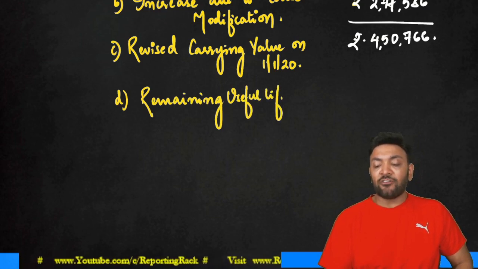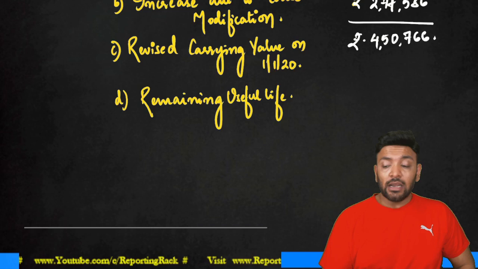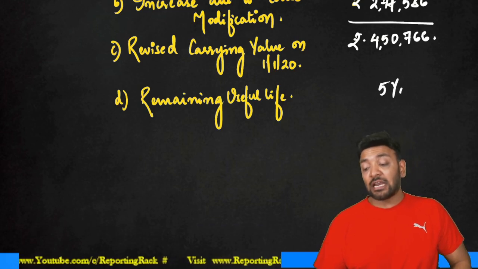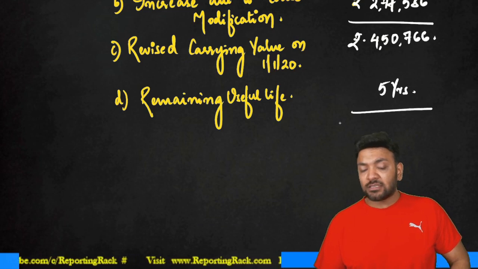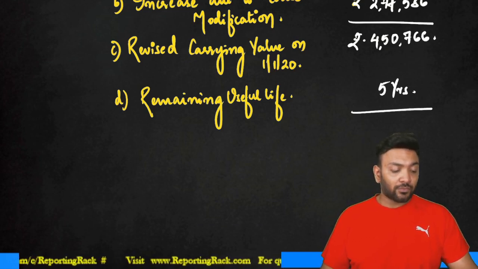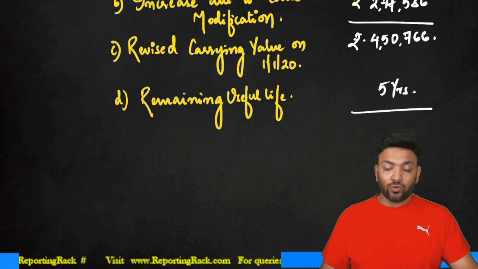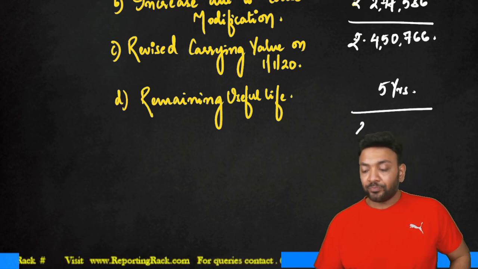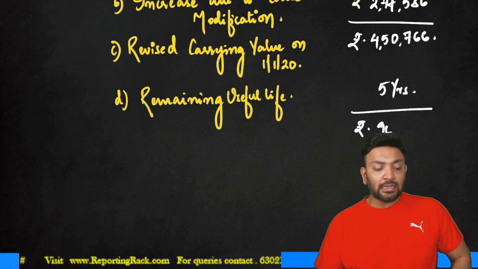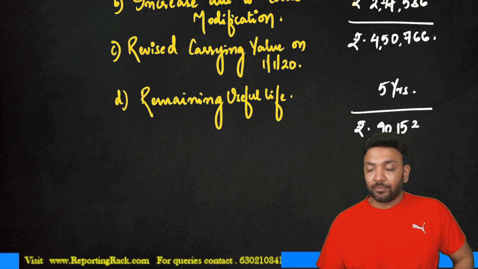Remaining useful life, unexpired lease term, is now 5 years. It was earlier only 2 years remaining useful life. Now I have considered it as 5 years. 4,50,766 divided by 5 is 90,150.